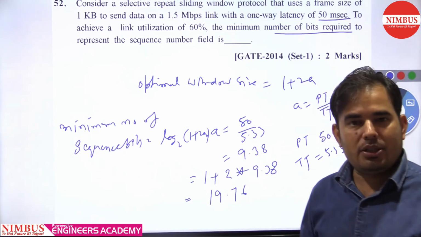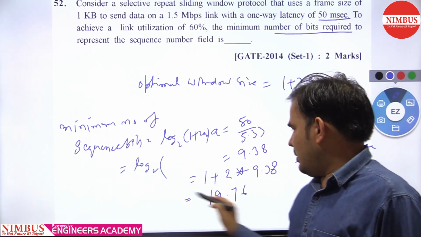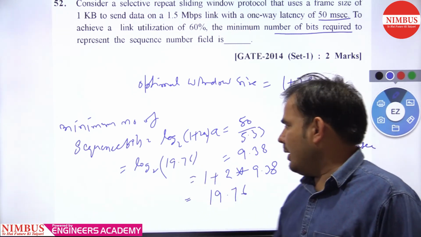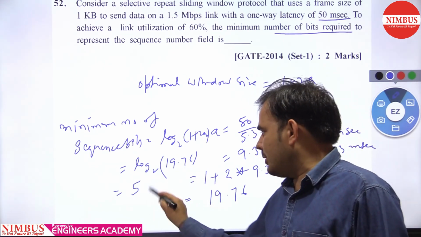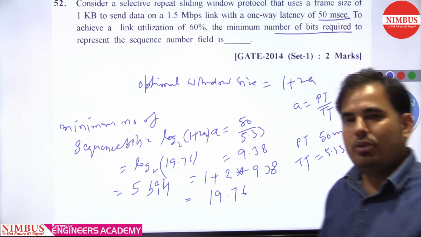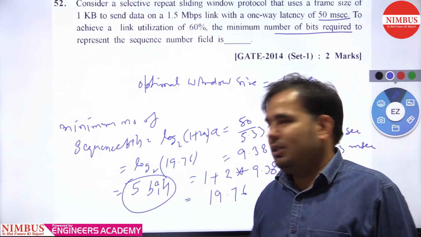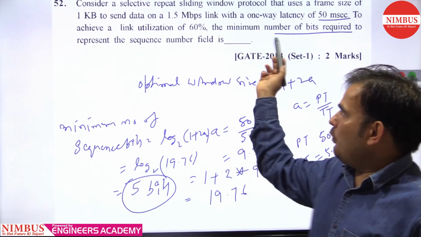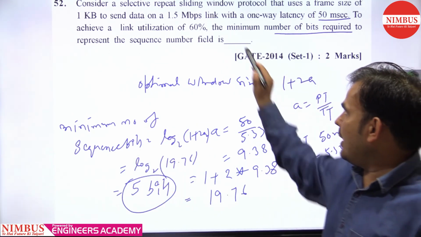Taking log base 2 of 19.76, you also get 5 bits, because 2 to the power 4 is 16. So either you can calculate this way, or as I told you, if you use efficiency, you can calculate the other way. So the final answer is 5 bits.